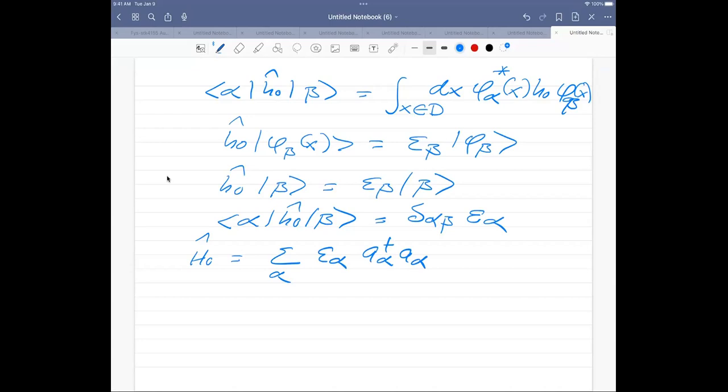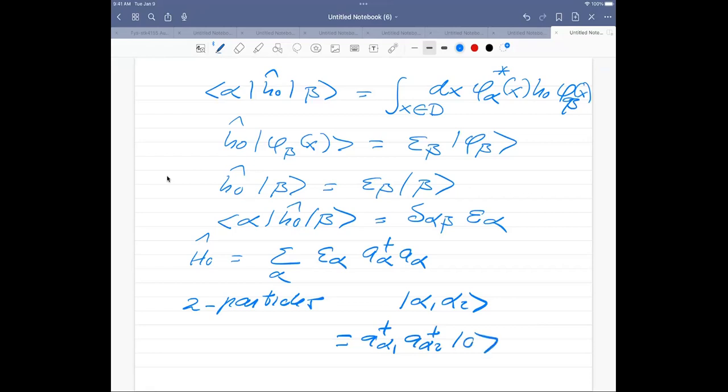So let's assume now that we have a two-particle state, two particles. And we define a state alpha 1 and alpha 2 here. That is the same as A alpha 1 dagger, A alpha 2 dagger acting on the vacuum state.